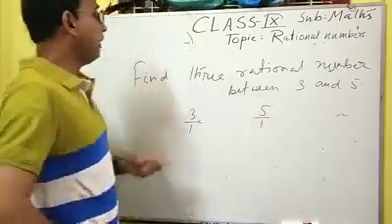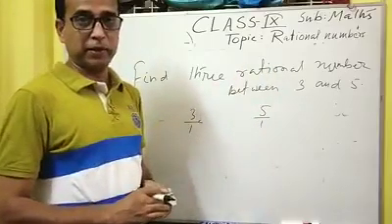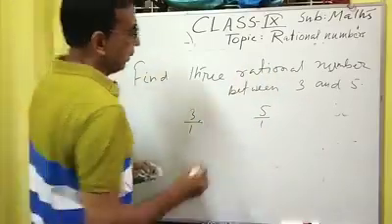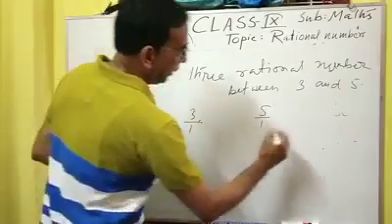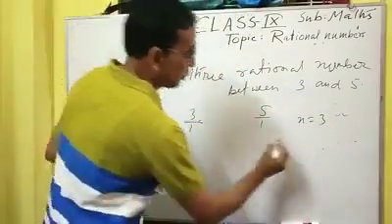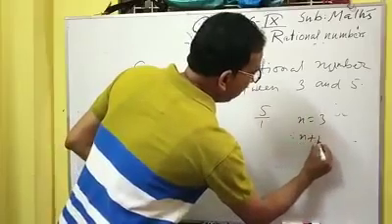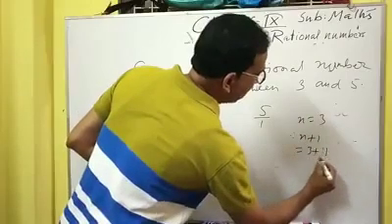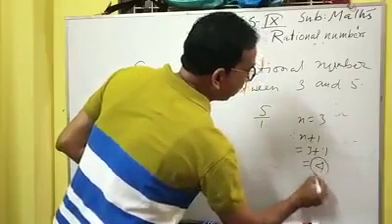You have to find three rational numbers. Here n is equal to 3. So n plus 1 is equal to 3 plus 1 is equal to 4.